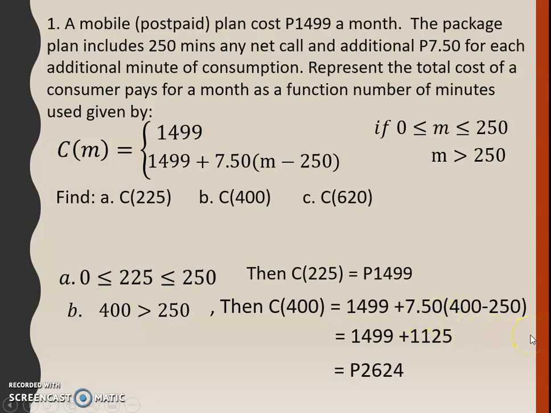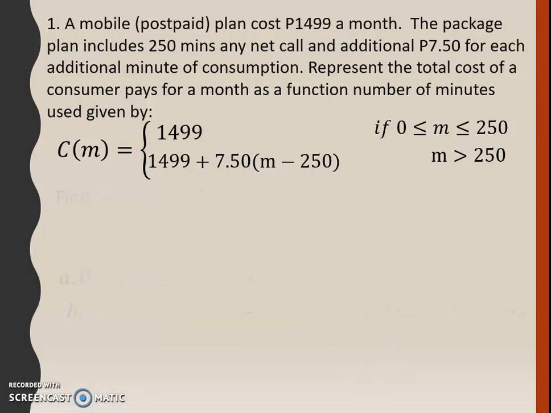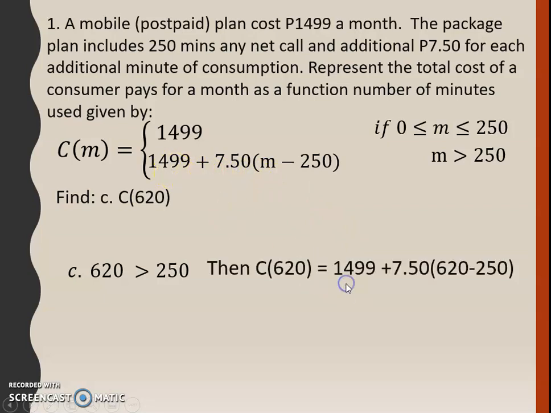How about 620 minutes consumed? We will also use the second equation. So C of 622 equals 1,499 plus the rate of 7 pesos and 50 centavos. M will be 622, then minus 250 minutes.